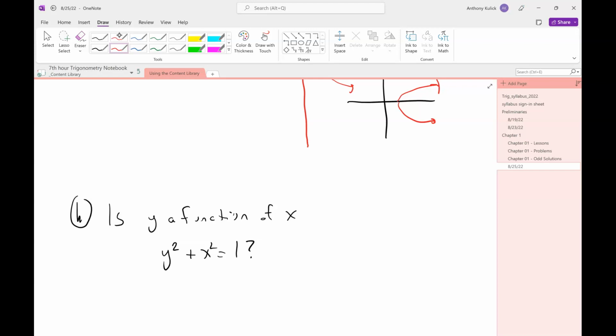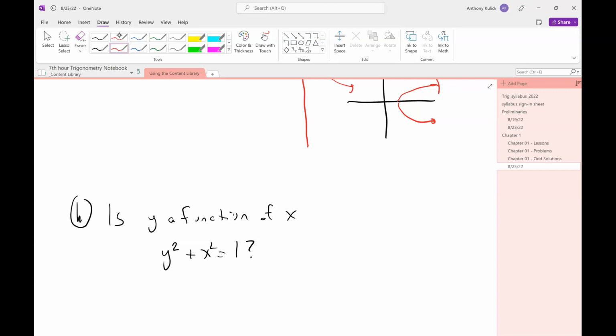Use your calculator to get a graph and look at the graph, right? If I can't tell by looking at it in this form, just change the form and do something else. Can I type this into my calculator as it's currently written? No. Why not? Because y needs to be by itself. So what should I do?